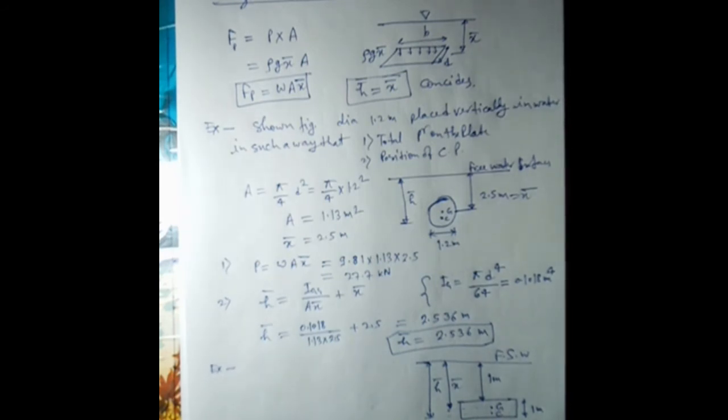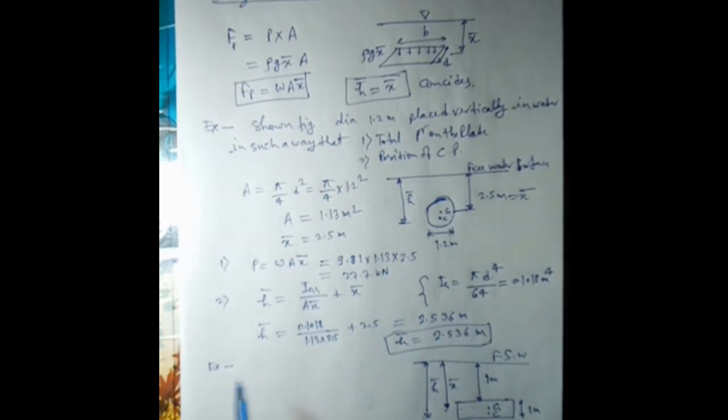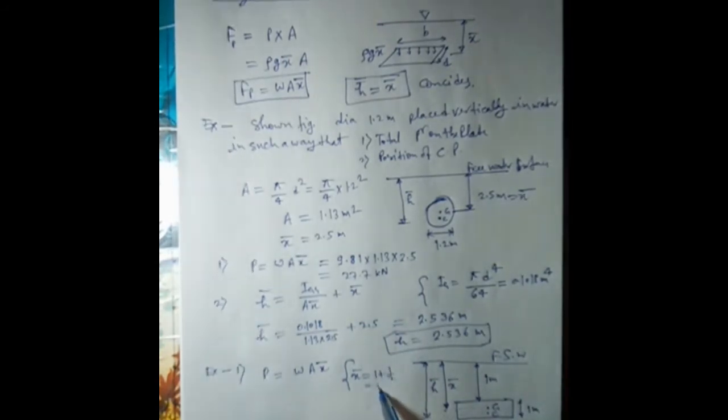Now similar to the above example, first total pressure is calculated, and second is the position of the center of pressure. So first, pressure P is equal to how much? w A x bar. Now x bar is equal to 1 plus 1 by 2, therefore 1.5 meter.